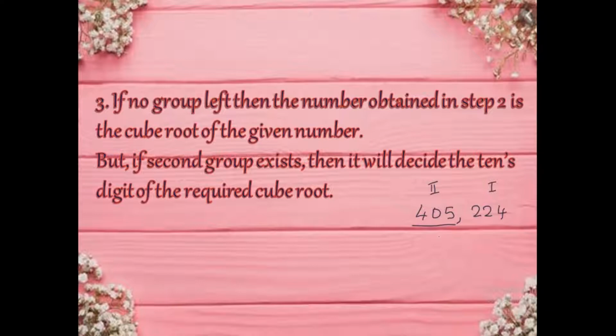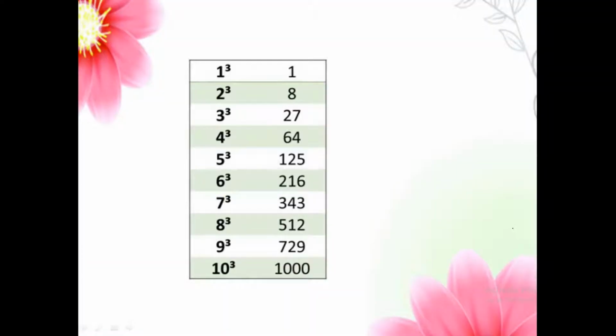For that, we have to know the cubes of the natural numbers. From this table, we can see that 405 lies between 7 cube and 8 cube. Am I right? The number is 405, the second group. 7 cube is 343 and 8 cube is 512.